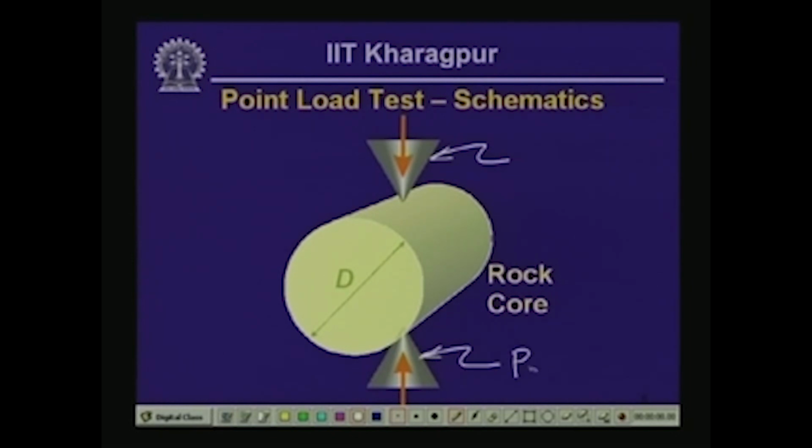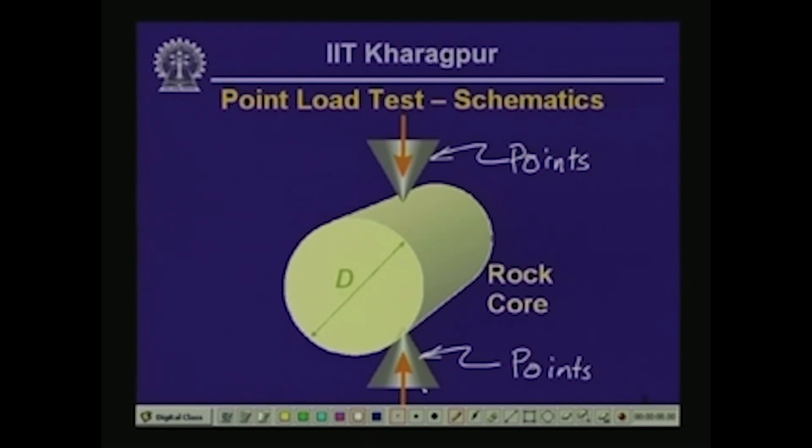These are the points across which the core sample is mounted, and these two points are actually brought near to each other.